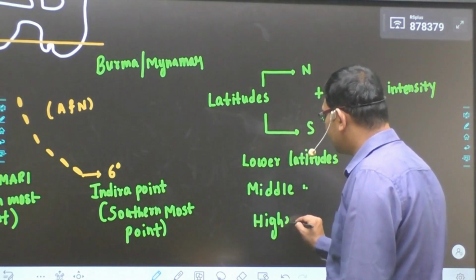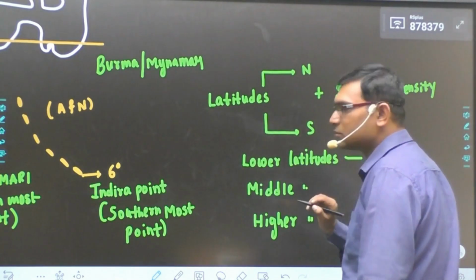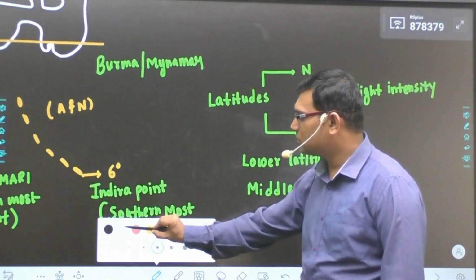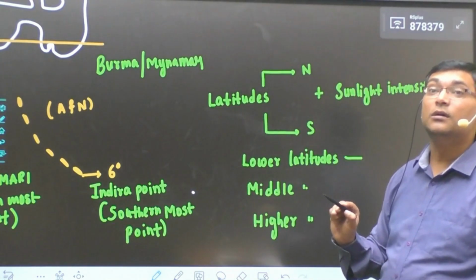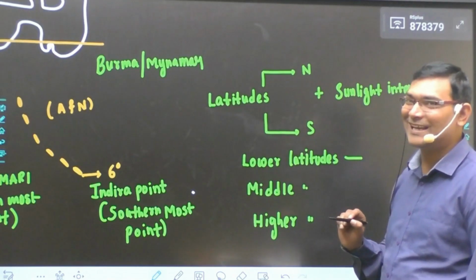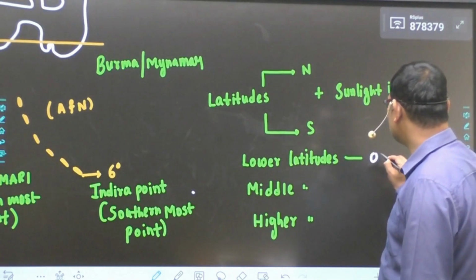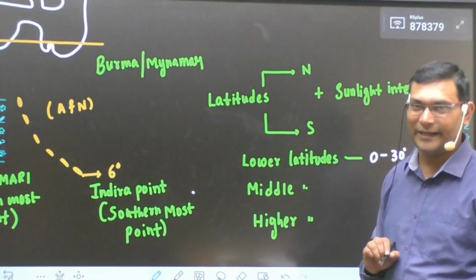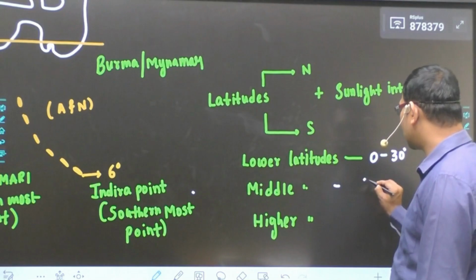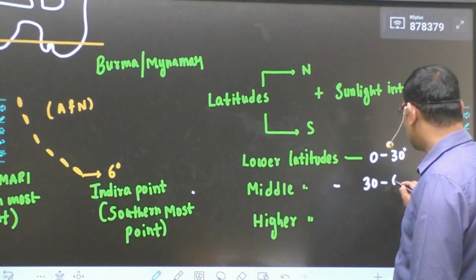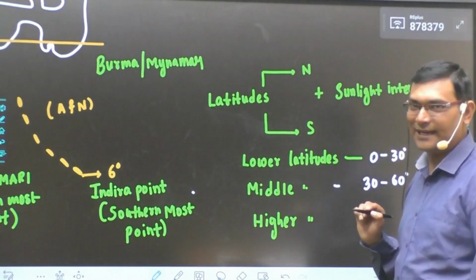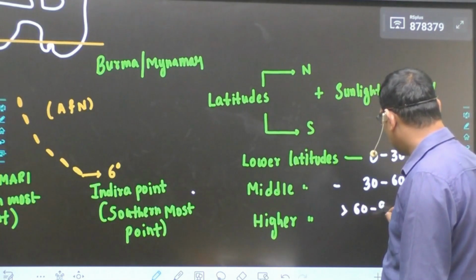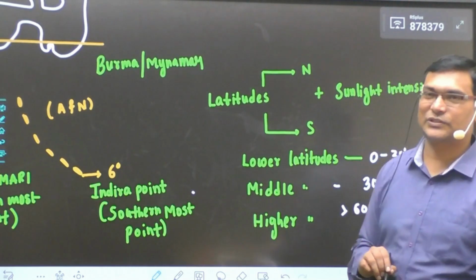Lower latitudes are 0 to 30 degrees in both hemispheres. Middle latitudes are 30 to 60 or 66 degrees. Above 60 to 90 degrees, they are called higher latitudes.